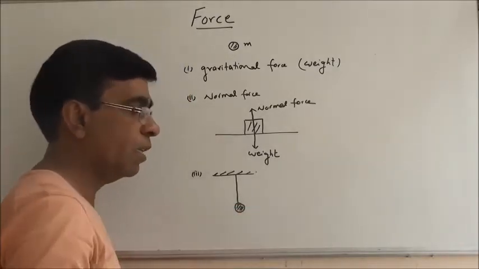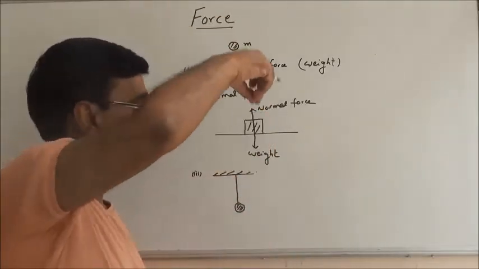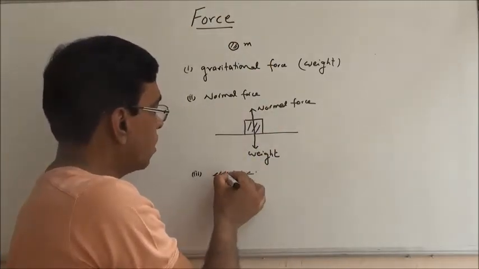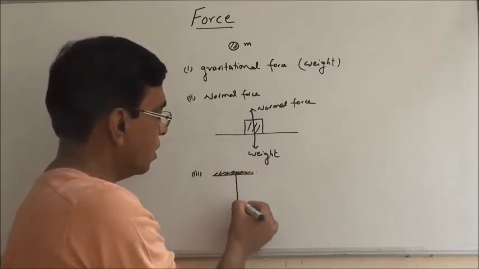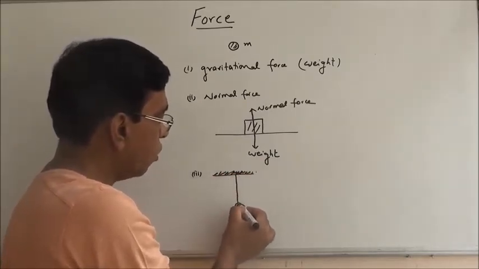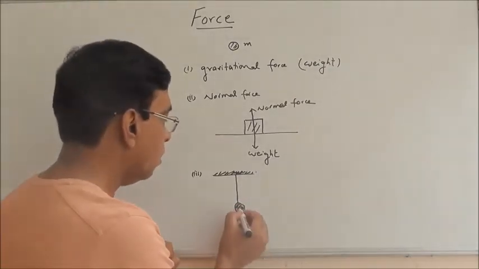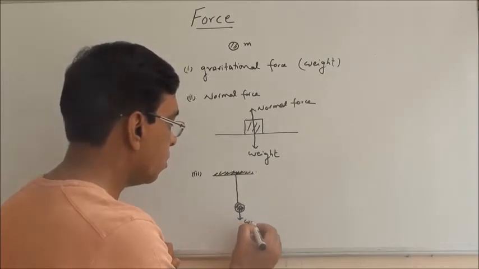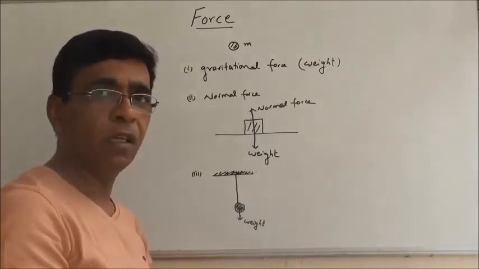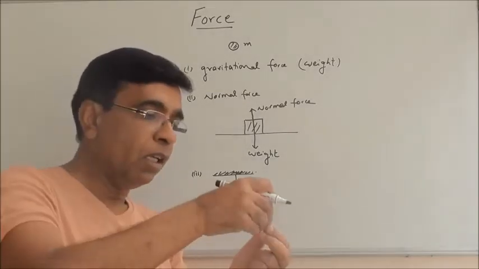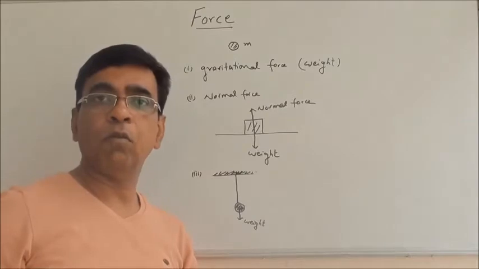Suppose one object is hanging from a string, tied to a string which is supported on this string, right? So this is a string and this object is tied to this string at this point. Again, there is a force, weight downward on this object, but even then, despite this weight, it is not accelerating downward.